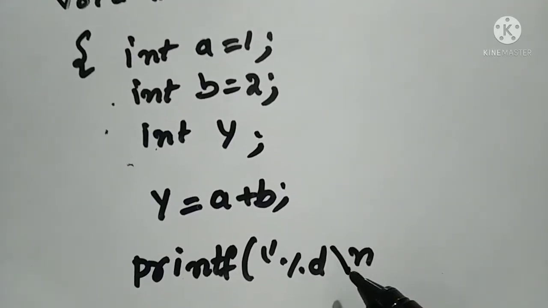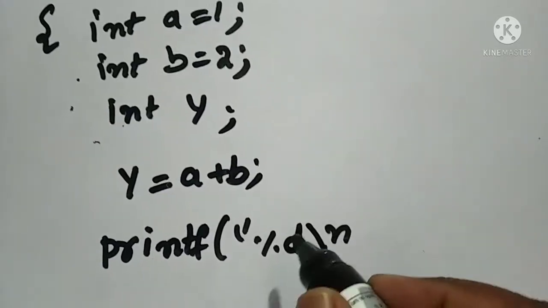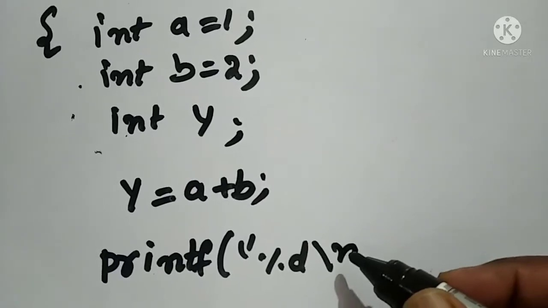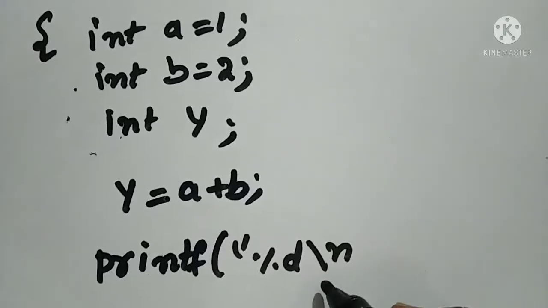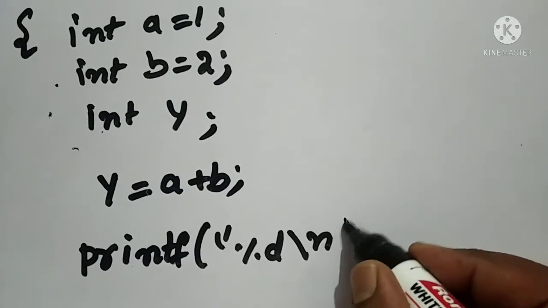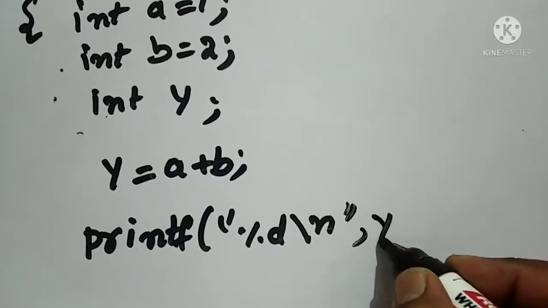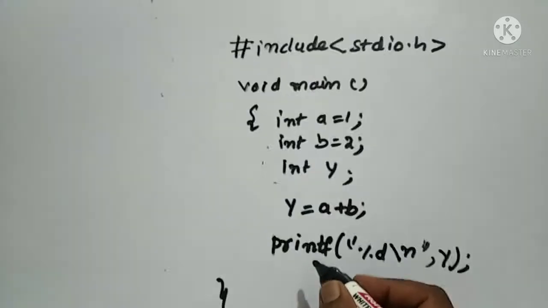If I put \t, a tab space will be displayed there. The \n means enter, so in a new line we will get the result. I'll show it on the computer. %d \n, then next a comma and the value which we want to display, y. That's all. So this is our program.